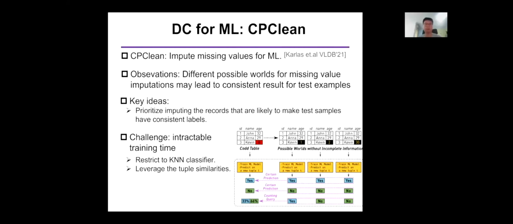A straightforward method is to train all the models and make predictions, which is too expensive because training is inefficient and the possible world is extremely large. So CPClean addresses this problem by restricting the models to KNN classifiers. In this way, to compute whether an example is a certain prediction, we only need to consider the similarity score between the example and the training data rather than training the models.